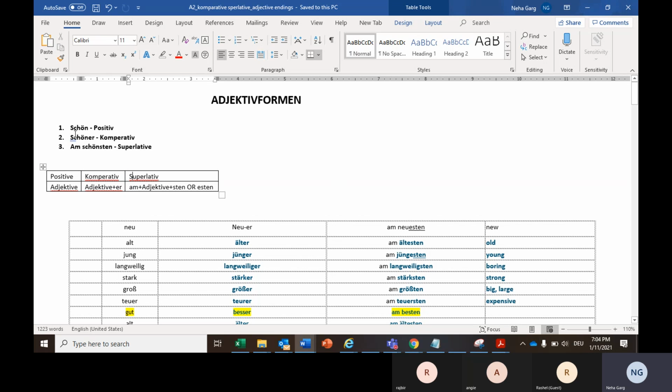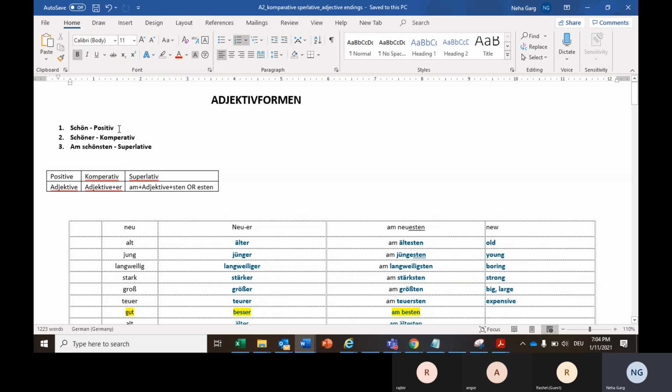Wie zum Beispiel schön. This is a positive form, the basic form, which means beautiful. The comparative form of schön will be schöner. That means more beautiful. So this is the comparative form. Like you are comparing two people.